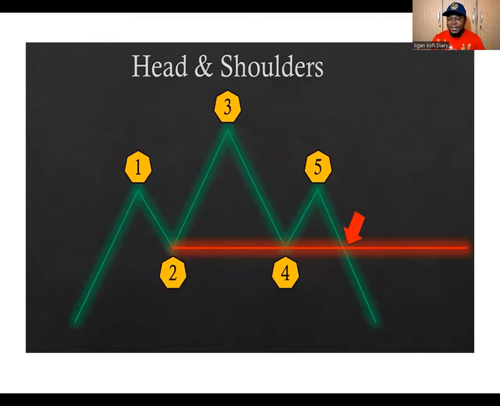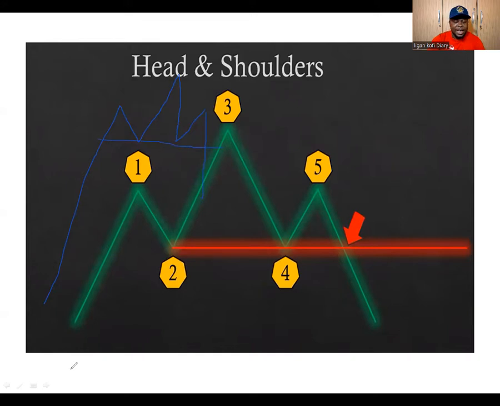Now, when we say the head and shoulders pattern, we're talking about a trend where the market is in an uptrend and then it pulls back, goes back up, pulls back almost to the level at which the trade reversed back up. It goes back to that level, to this level here, and then comes back to break through.